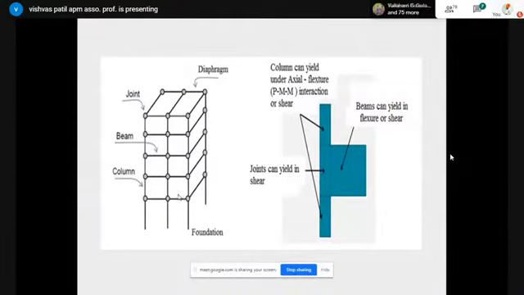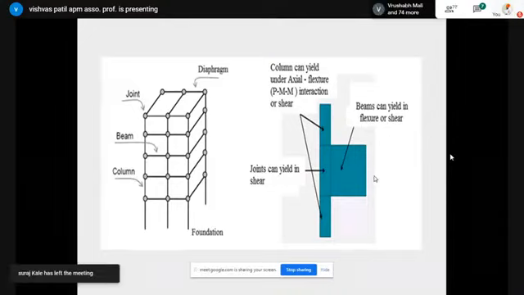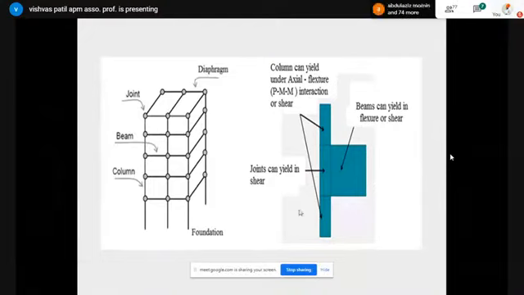To define the nonlinearity, we must know how that particular component will behave and fail under lateral load. For example, we know its behavior under gravity load, but under lateral load, how will the beam fail? Obviously, the beam will fail in flexure as well as in shear.